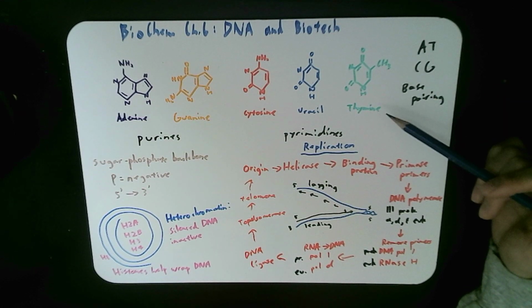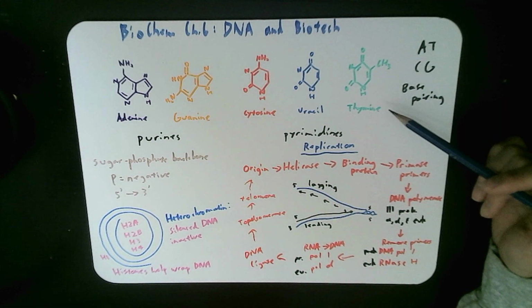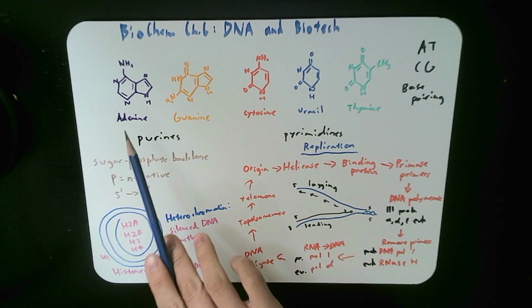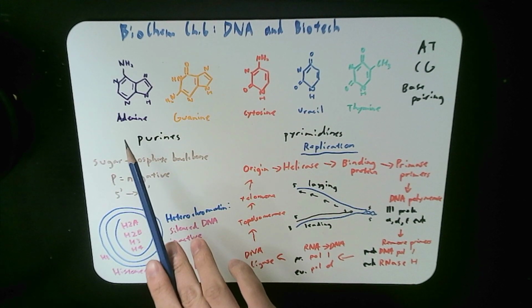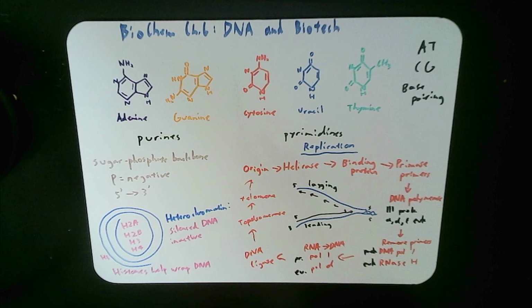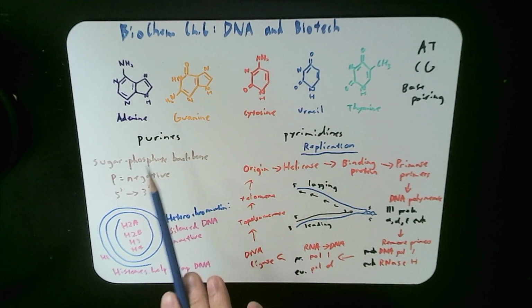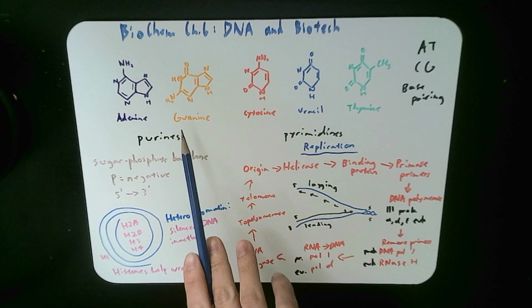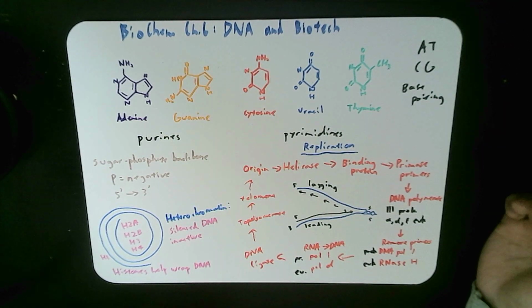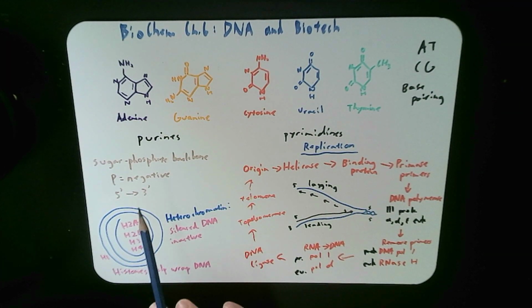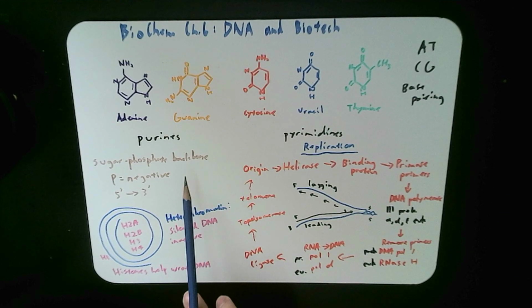If you have 5% thymine in your DNA, then you also have 5% adenine in your DNA, and because that's 10% altogether, you have 90% for guanine and cytosine combined, so 45% each. Make sense?